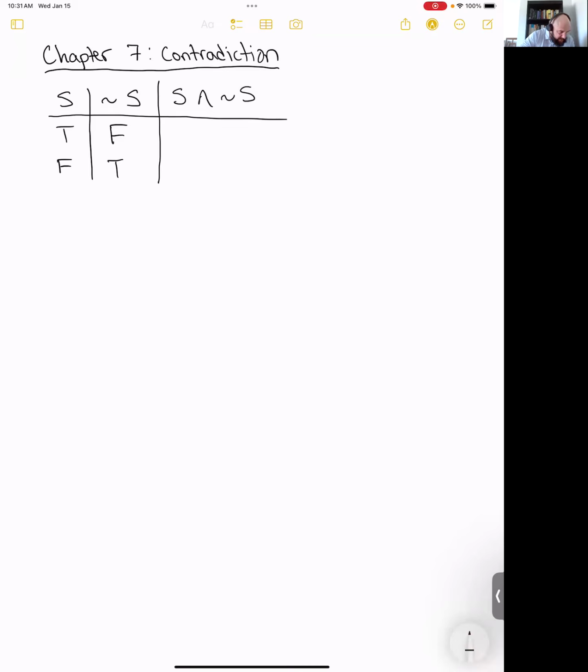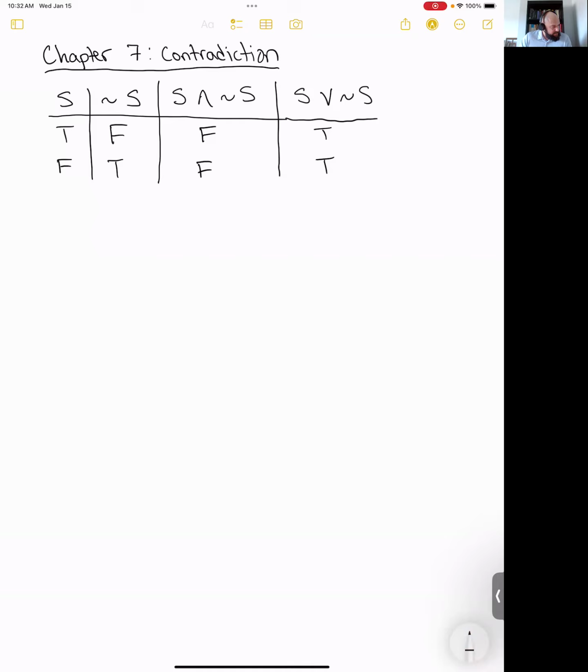So we can take S and not S, or we can take S or not S. Okay, and S and not S, of course, requires both to be true. They can't both be true. This is always false, and the other one is always true, because the or just needs one of them to be true, and they'll always both be true.